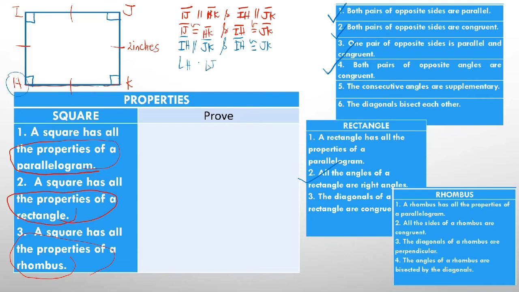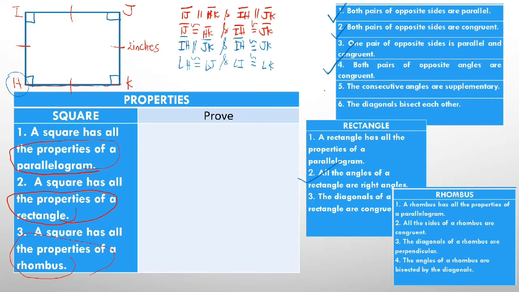The next pair of opposite angles is angle I, which is also congruent to angle K, since they have the same measurement, 90 degrees. So we have here number 4 of the properties of a parallelogram.